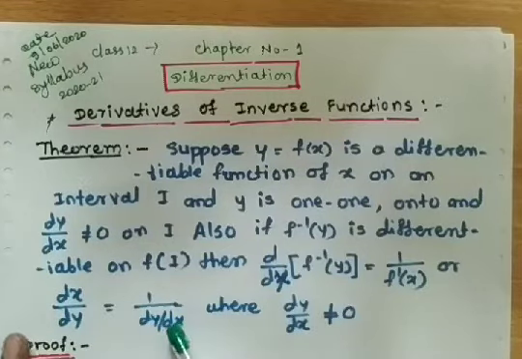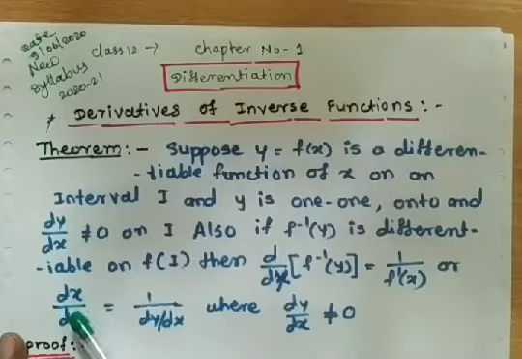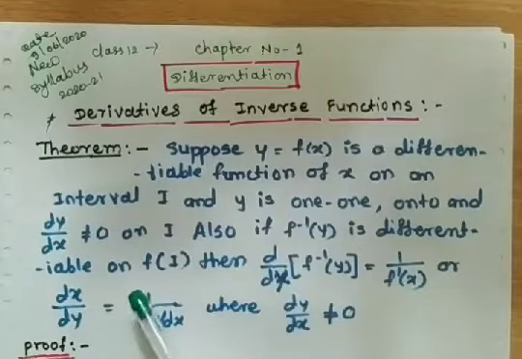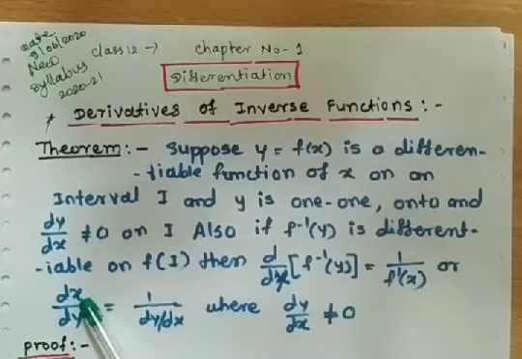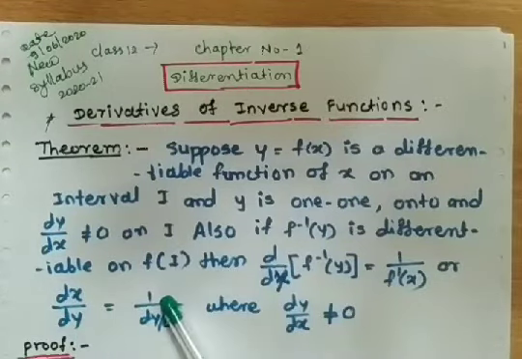Here y is written in terms of x and x is written in terms of y. Whenever the function is written in terms of x, only then can we take the derivative of this y with respect to x, and it becomes 1 upon dy by dx.